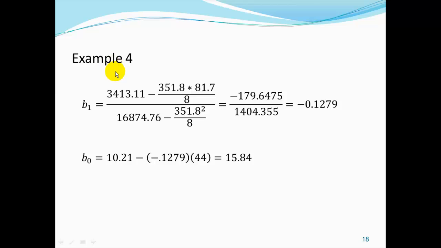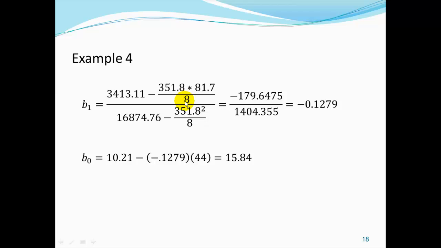According to the equation for B1, B1 is equal to the summation of xy, which is 3,413.11, minus the summation of x, which according to the table is 351.8, times the summation of y, which is 81.7, divided by n, which is 8.